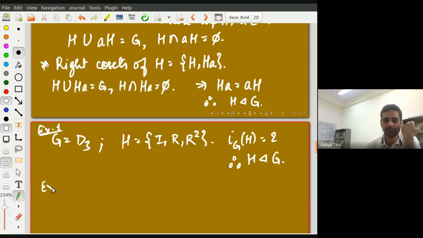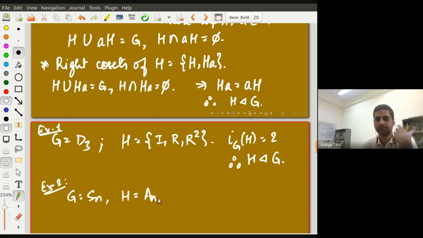Any other example? G is Sn. H is the alternating group, the subgroup containing all even permutations. We know that the order of H is n factorial by 2, which is the order of Sn by 2.